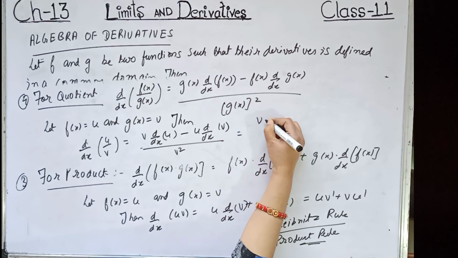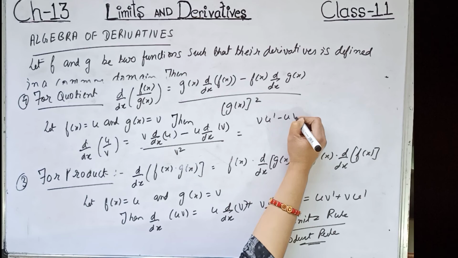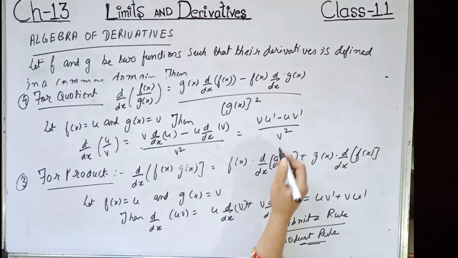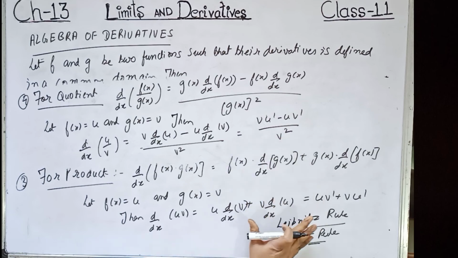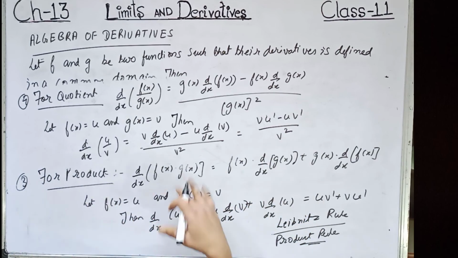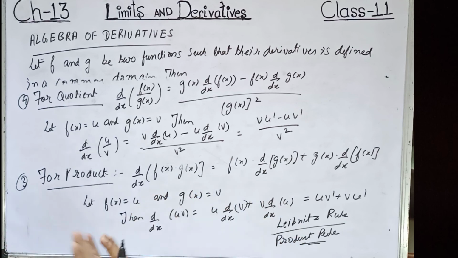This we can write in a more simplified form as (v u dash minus u v dash) divided by v square. Okay. So this is the quotient rule, this is the product rule, and for the quotient rule and product rule, children, keep in mind, do as many sums as you can. Obviously you will be in practice to use these formulas frequently.